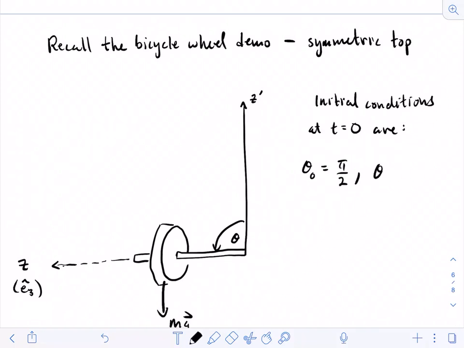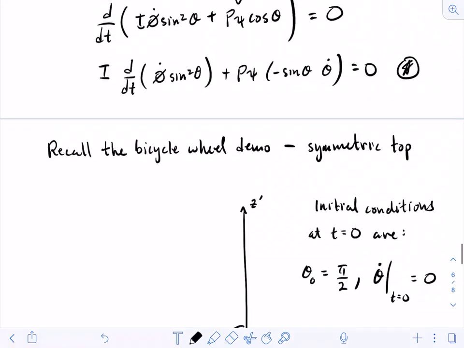And so that means that initially at least theta dot at t equals 0 is equal to 0. So those are our initial conditions, and we're going to go back to equation star and put those initial conditions in.